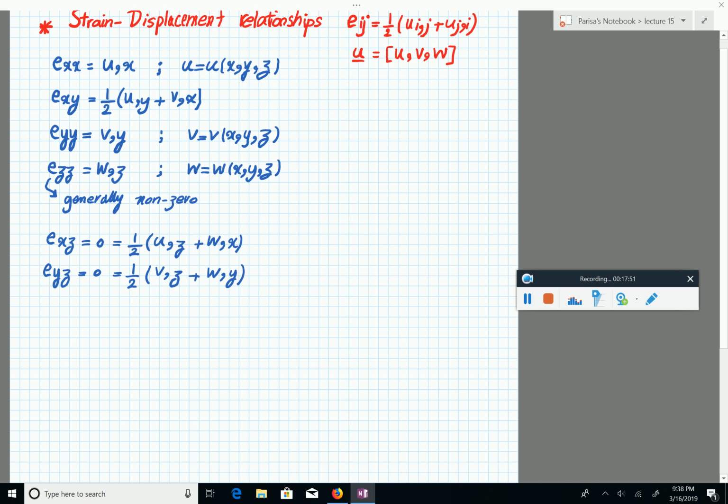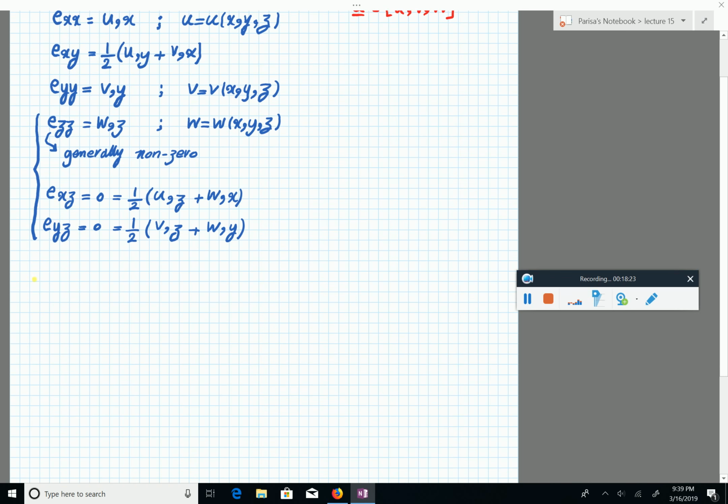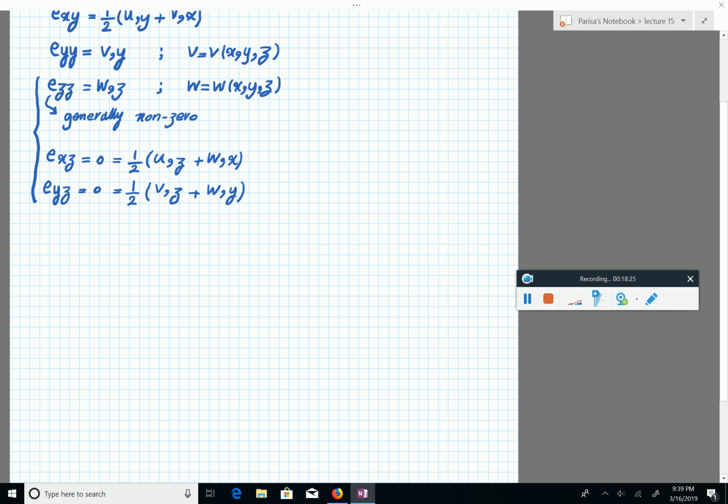And these last three equations basically give us some differential equations which are not trivial. So now we can examine these three and try to see what we can say about displacement.